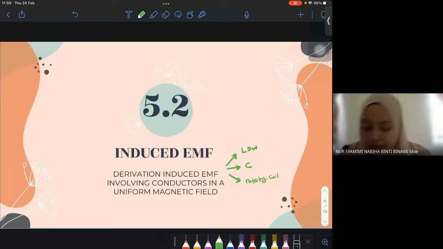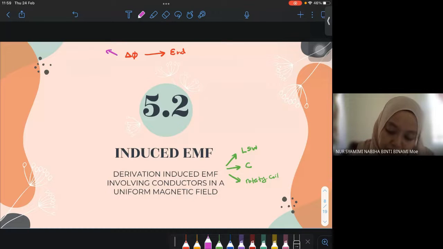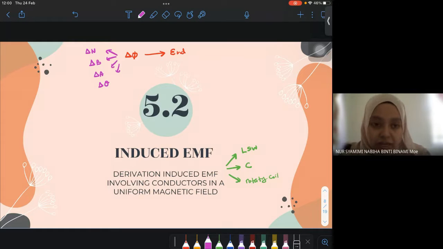Okay, saya recap sekali lagi benda yang sama. Chapter 5 kita belajar E-induced. Macam mana nak hasilkan induced EMF bila ada perubahan flux. So ada berapa syarat untuk flux ini berubah, which is ada 4. Berubah number of turns, berubah magnetic field, berubah area ataupun berubah angle. So equationnya akan jadi depends on apa yang berubah yang kita belajar sebelum tadi.